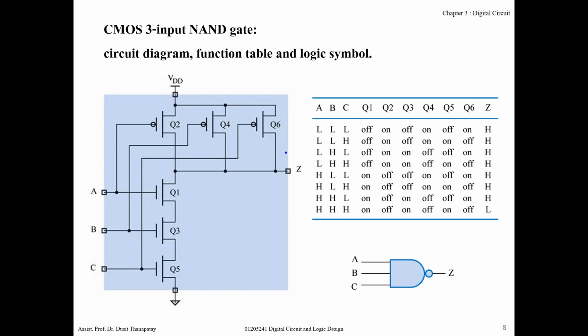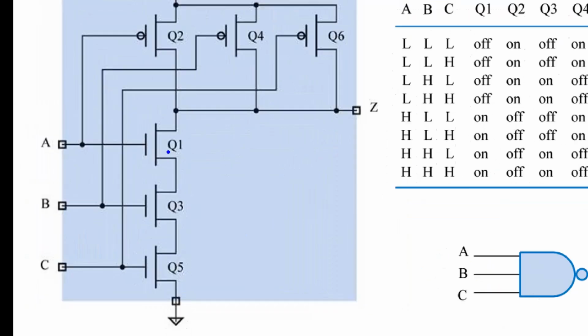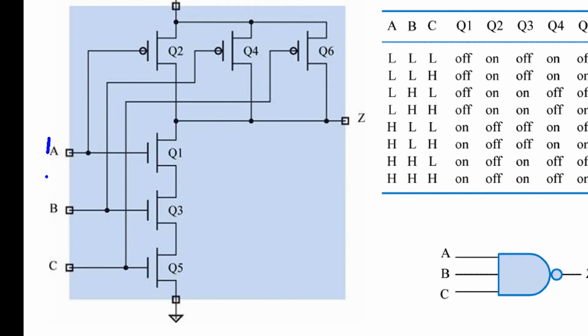By the way, we cannot add this transistor into the circuit as we want. Why? Let's consider when this transistor turns on. For example, I apply 1, 1, 1.